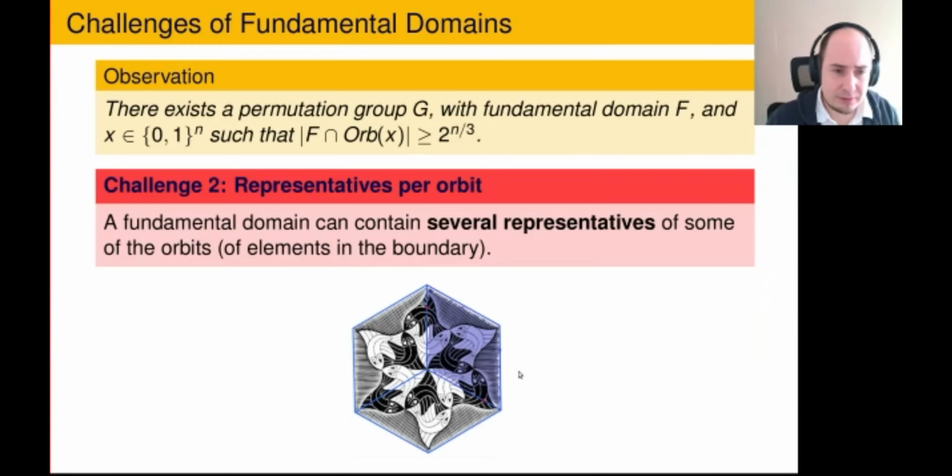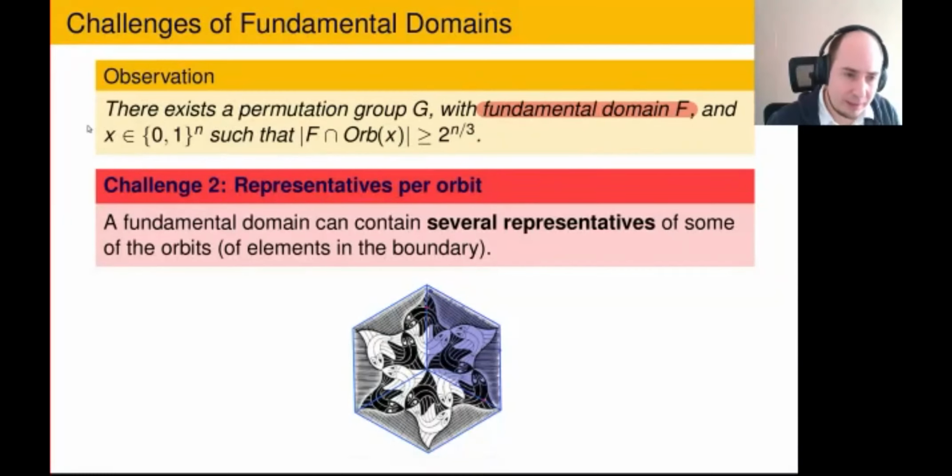The other problem is that you might have orbits that are overrepresented, for which you are almost not breaking symmetries, or breaking symmetries in a very weak way. For example, we can construct an example, which is not that complicated, for which you have a very natural fundamental domain with nice properties, like a small number of facets.